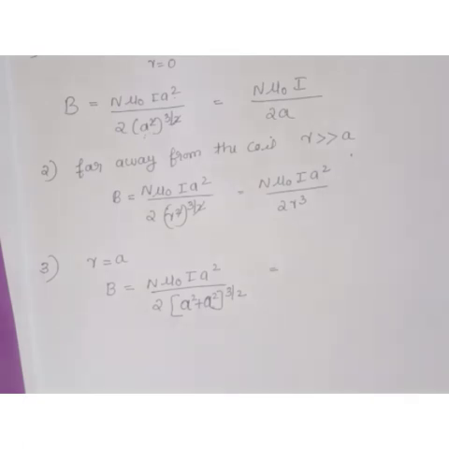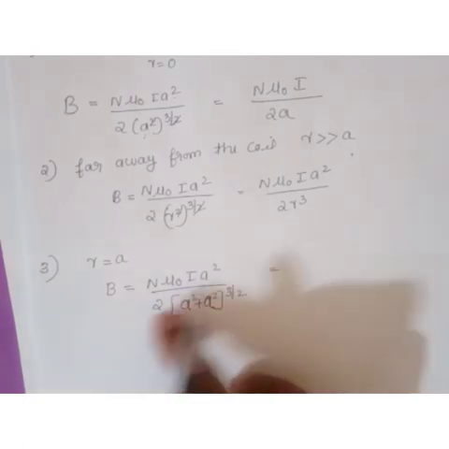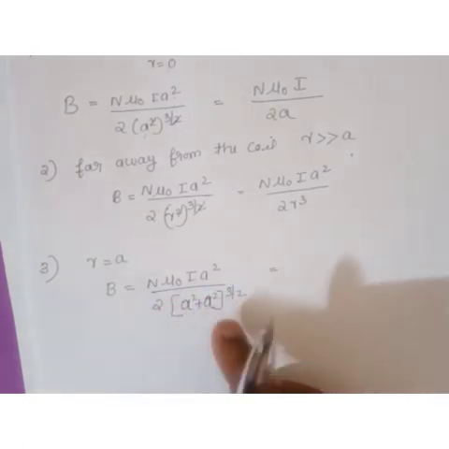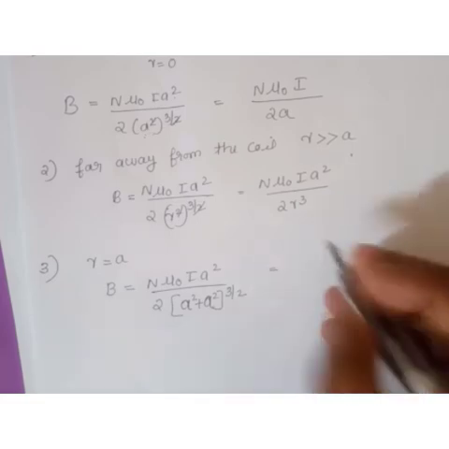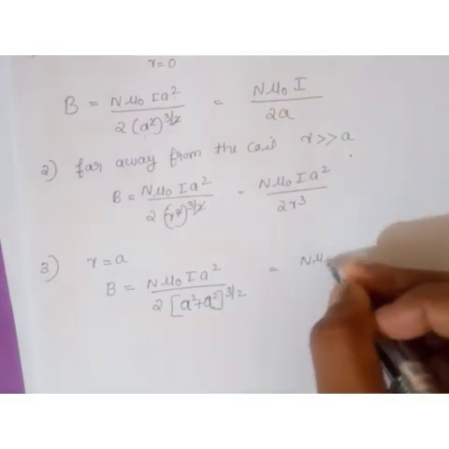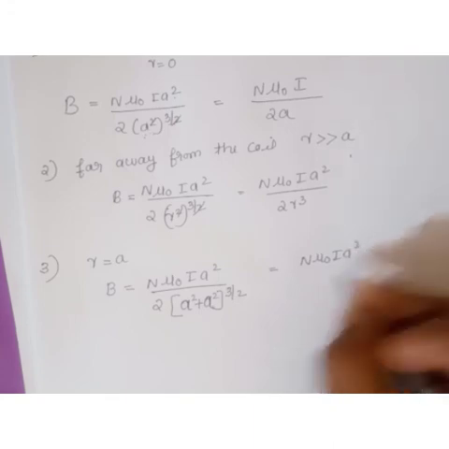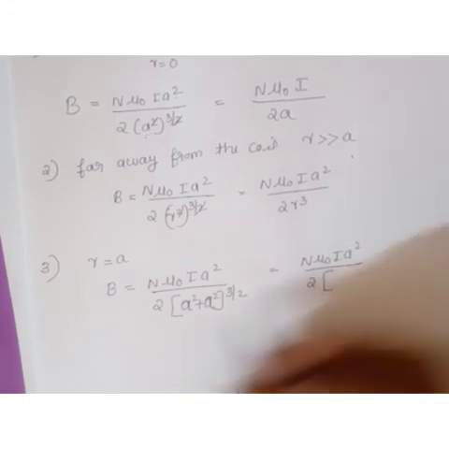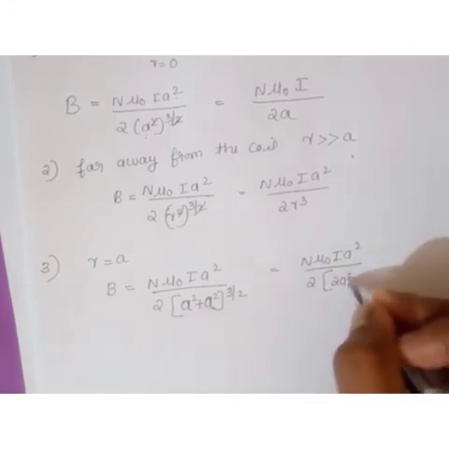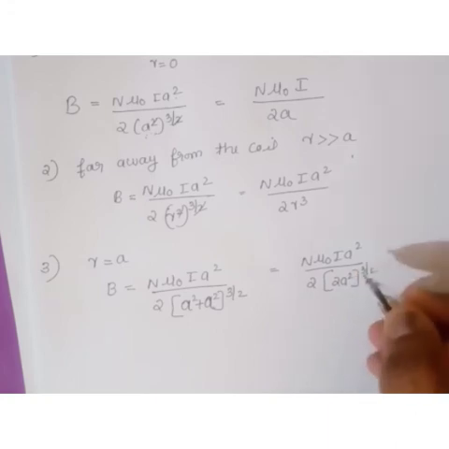Okay. So N mu 0 I a square divided by 2 into a square plus a square raised to 3 by 2. So N into mu 0 I a square divided by 2 into a square plus a square, what? 2a square raised to 3 by 2.